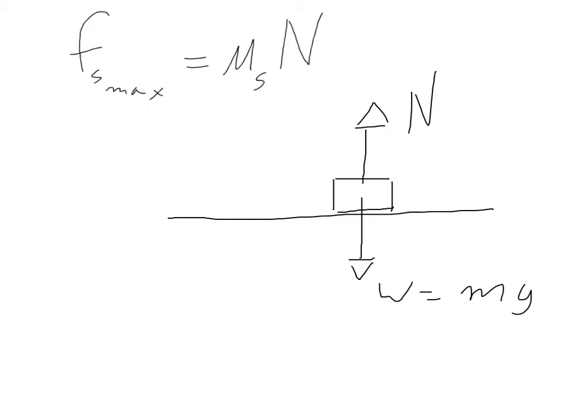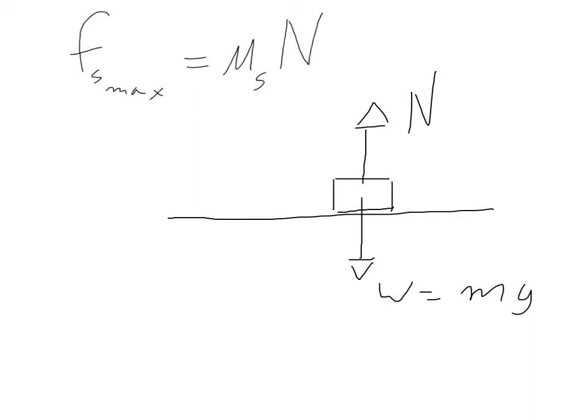A case where the normal force wouldn't be equal to W equals mg is, let's say, the table is accelerating upwards. So this block is on a table in an elevator that's accelerating upwards, and in that case, normal force is greater than the force of gravity, because remember, not only does the table have to support the block, it also has to provide an additional force to accelerate the block upwards.